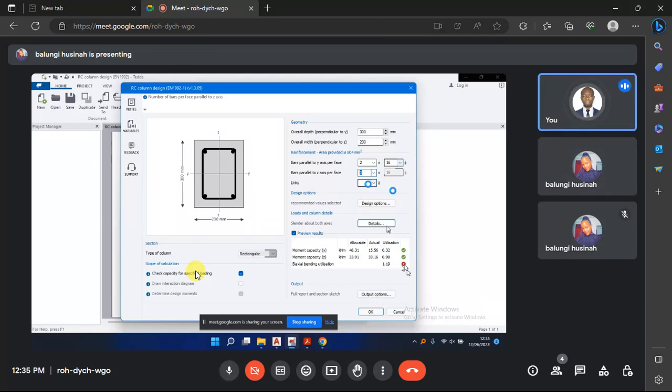So at this rate, I think it passes. Now when it shows that it is passing, I think it is okay to continue. To say okay, and we'll print our report. Then we'll go to the detailing part.